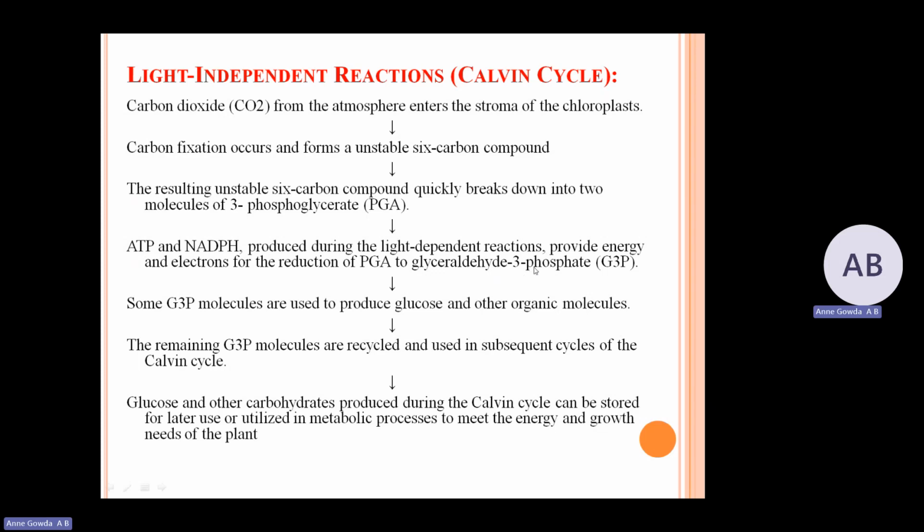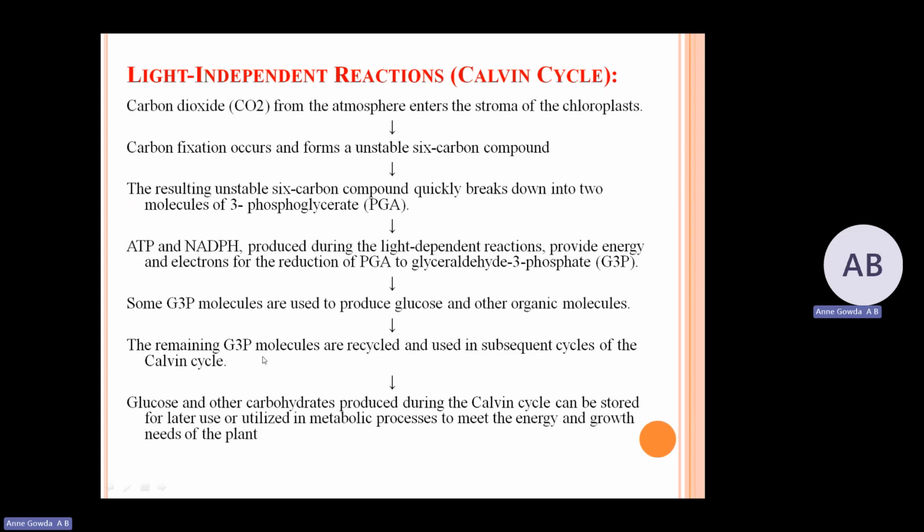All these are the chemical reactions which take place inside the chloroplast. Some of these G3P molecules are used for the generation of sugars and starch, and other G3P molecules are kept for future use, again for this entire light independent reaction.